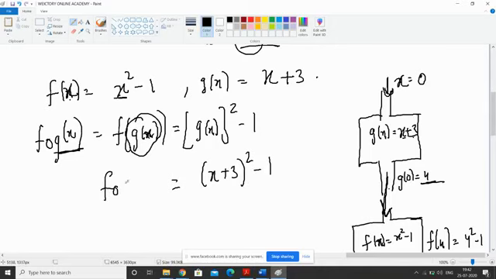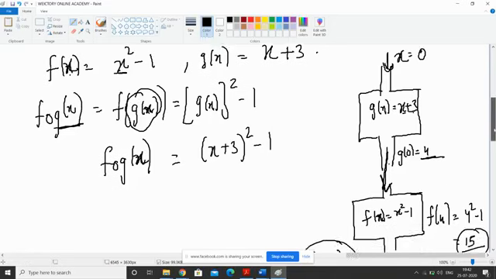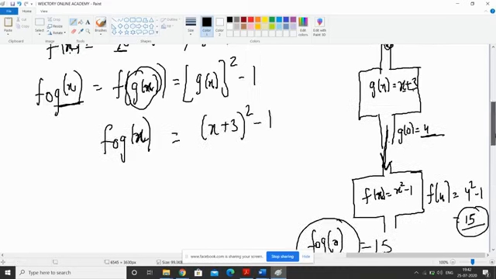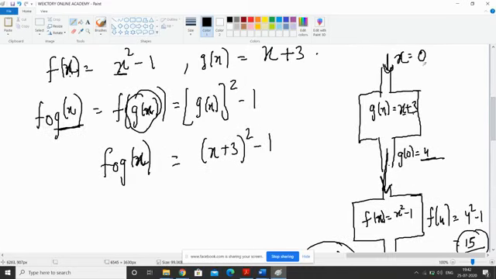This is your fog(x). Now you will get the same answer like you got for fog(0) as 15 when you first substituted x is equal to 0 in g(x), and then the output of g(x) was 4, which you substituted in f(x). Now, if you substitute 0 directly over here, you will get the same answer. Let's see. fog(0) is equal to (0 plus 3) whole square.